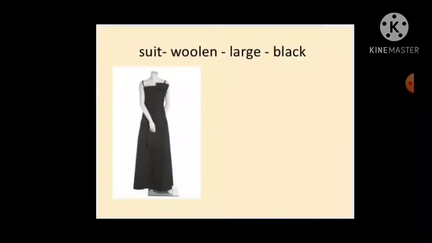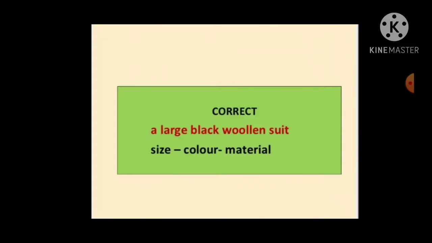Suit, woolen, large, black. Suit is the noun here, and the adjectives we have to place in order are woolen, large, black. So try it. I give you just 5 seconds. Try to guess the order and frame the sentence in correct order of the adjectives. A large black woolen suit.